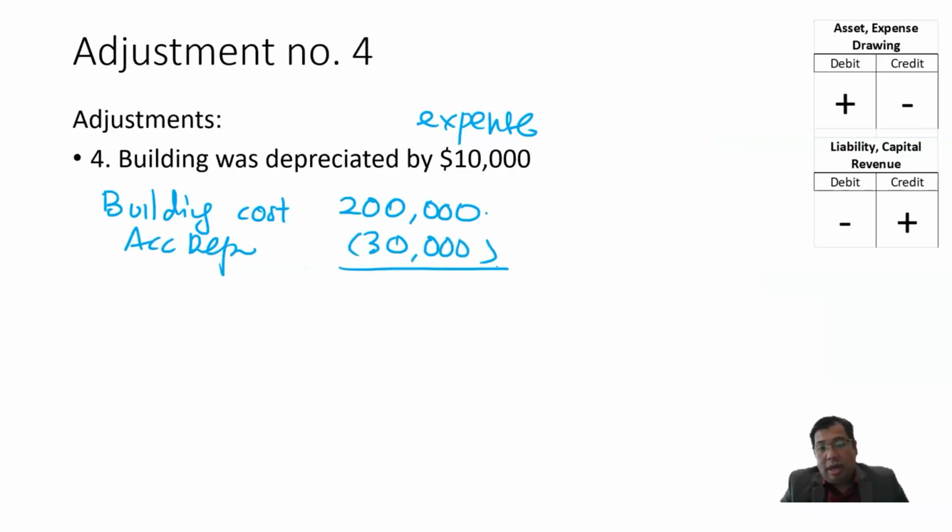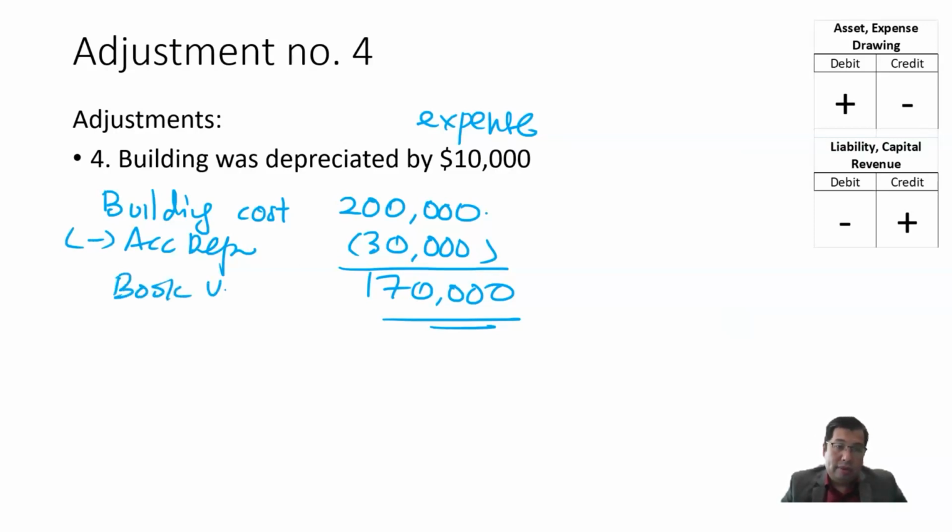So if you look here, the net value of this asset is 170,000. This is what I mean by contra. You're going to minus this accumulated depreciation to get your book value of the assets.